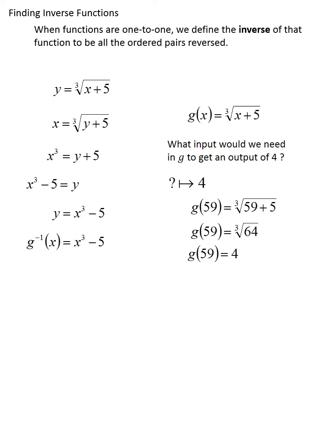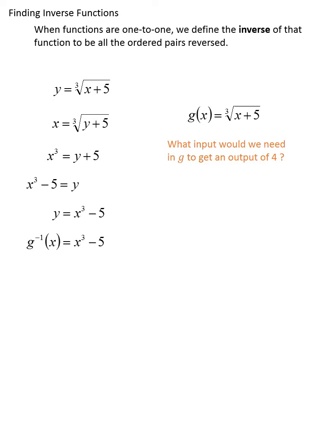Well, the cube root of 64 is 4, by the way, because 4 cubed is 64. So, I've just found that given an output of 4, I would need an input of 59 to get that output. Okay, good enough. Well, remember when I asked you this question and you hit pause, supposedly? I could have used the inverse function to do that.